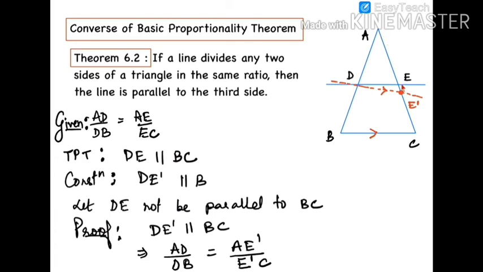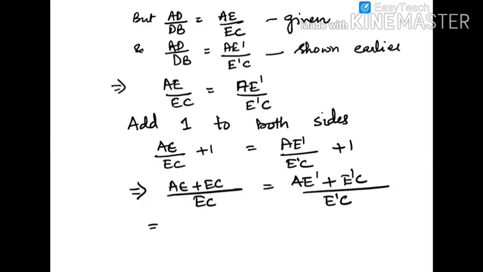AE plus EC is AC and AE dash plus E dash C is also AC.